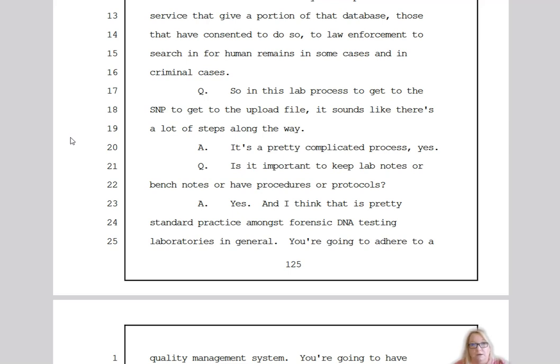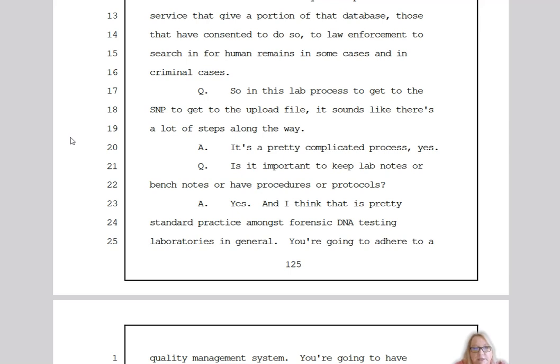It could still be in there. So in the GEDMatch database and the FamilyTree database, they're going to be matched, is one thing. And then only some of those people are going to say cops can look at my matches. Okay? So he talks about that because it's for human remains and criminal cases.